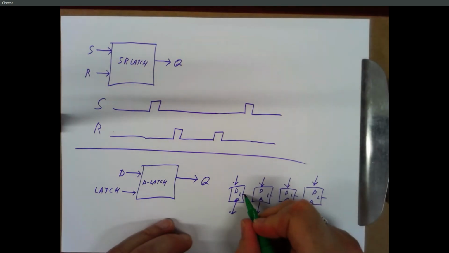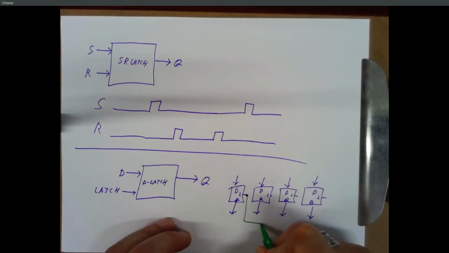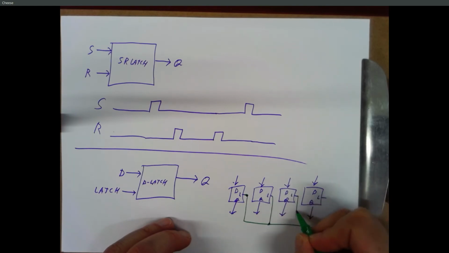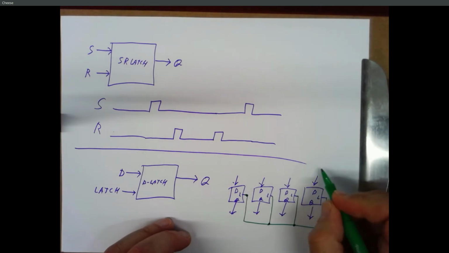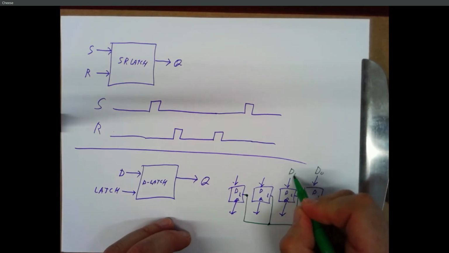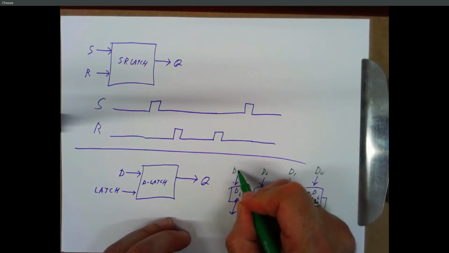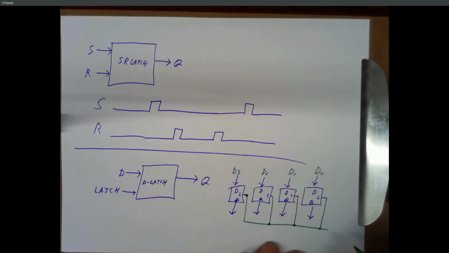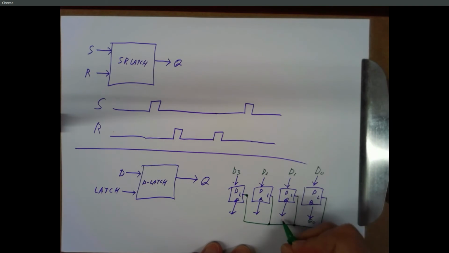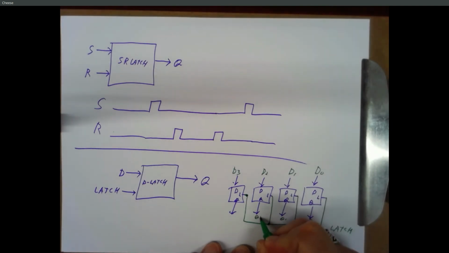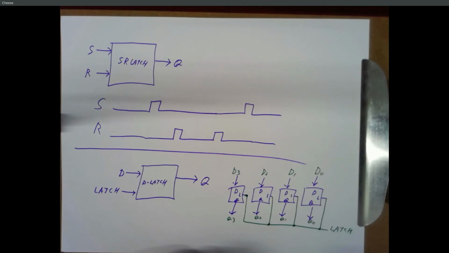Well, if I take all of these latches and I tie them together, I can take a 4-bit number, D0, D1, D2, D3. I can call this green line latch, which is feeding into all of my latch inputs, and I can call these outputs Q0, Q1, Q2, Q3.